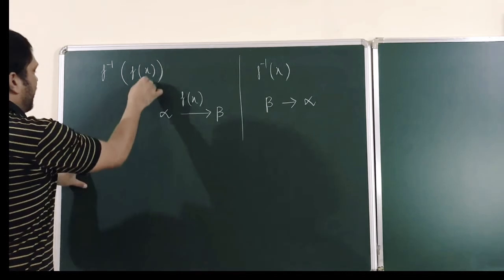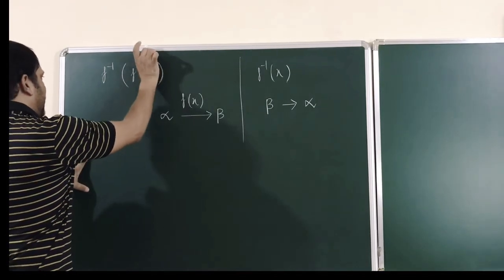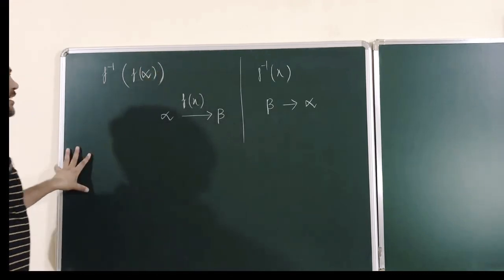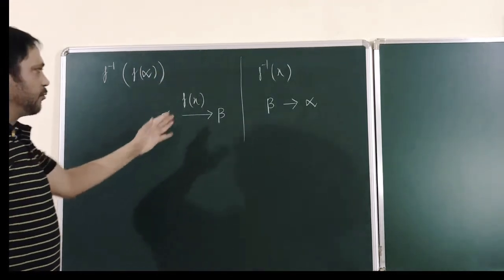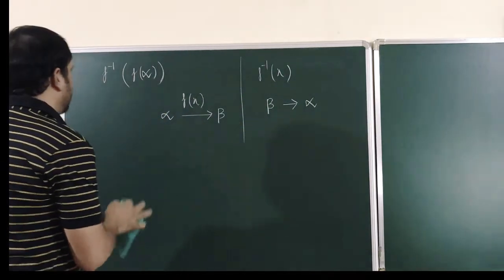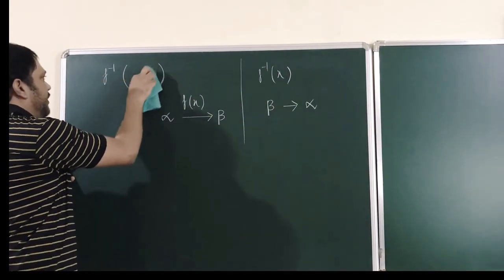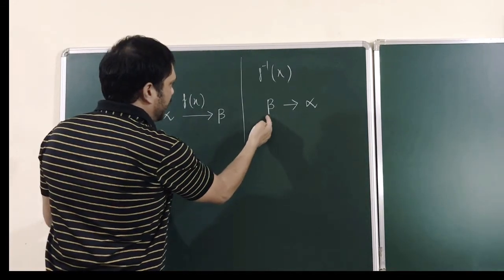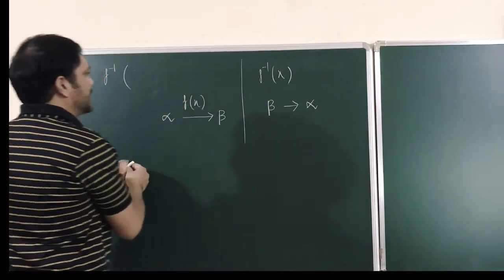So I will start here with alpha, meaning this x I will replace by alpha. If I replace this x by alpha, what will f of alpha be? f of alpha will be beta, isn't it? And when you substitute beta in the inverse, you get the answer alpha.